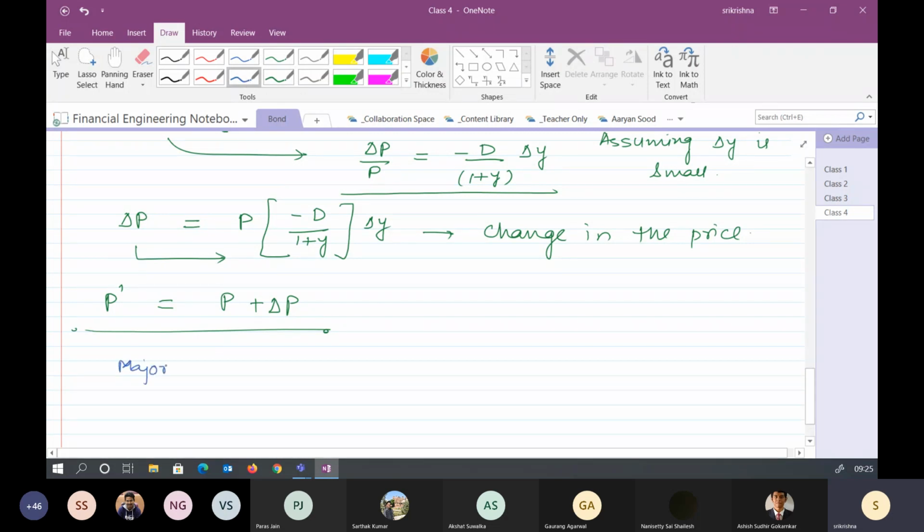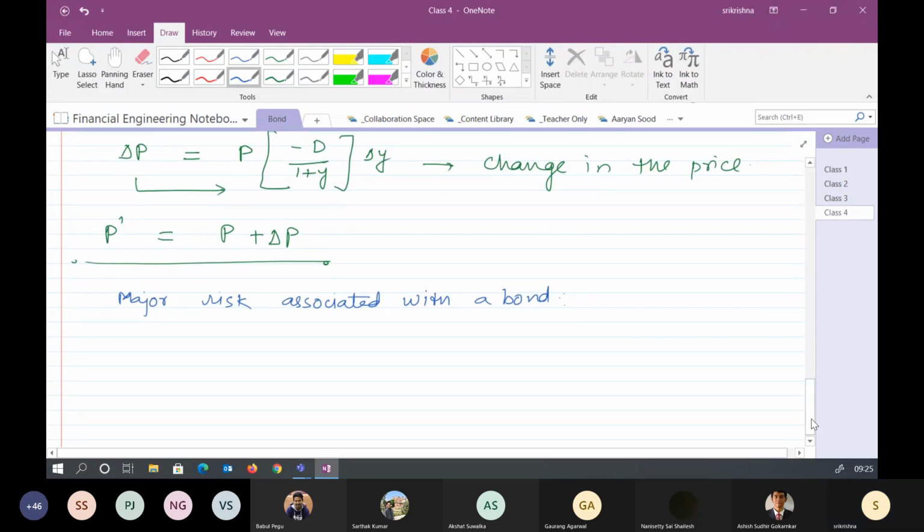If it is clear till this one, then let's talk about what the major risks in a bond are. Maturity risk, default risk, reinvestment risk, and also interest rate risk. Interest rate risk I can simply write as the price of a bond: if the interest rate is changing, the bond price is changing.